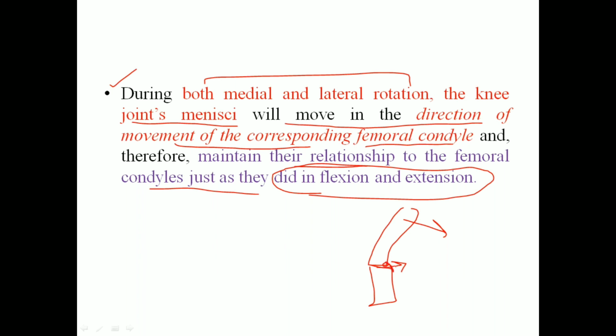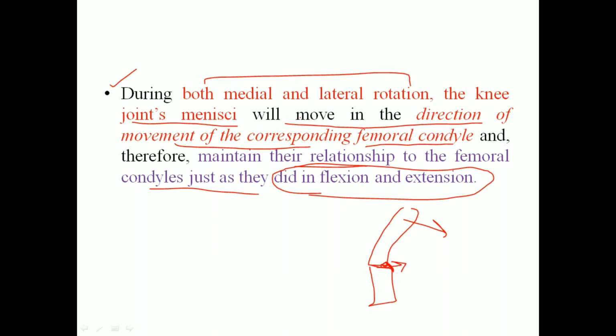If it doesn't come in the posterior direction, the femoral condyle will come in contact with the tibia and there will be more amount of friction. So similarly here, when we are doing medial and lateral rotation, the meniscus is supposed to move in the direction where the femoral condyles are moving, not in the direction where the tibial condyles are moving.